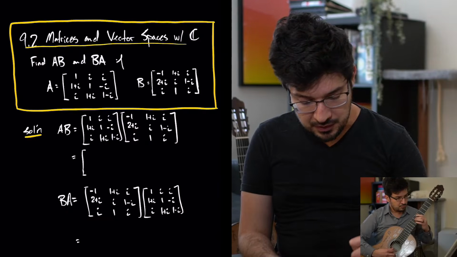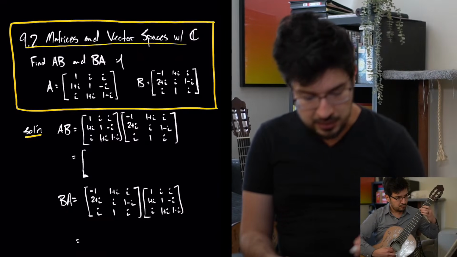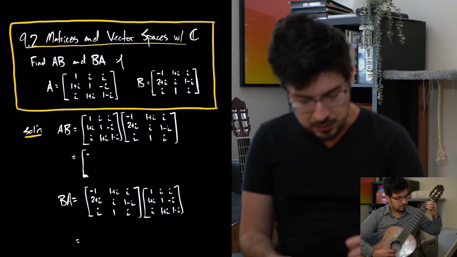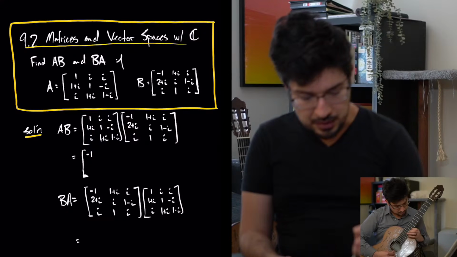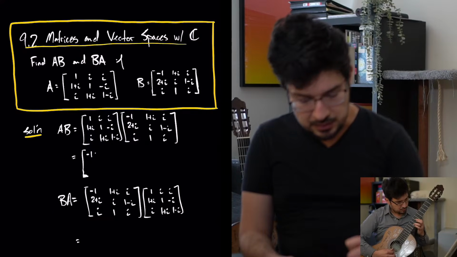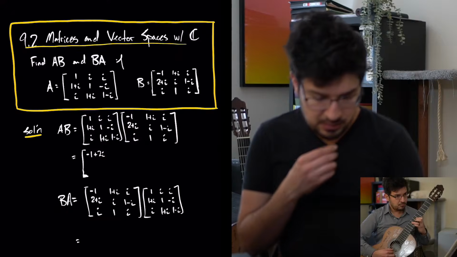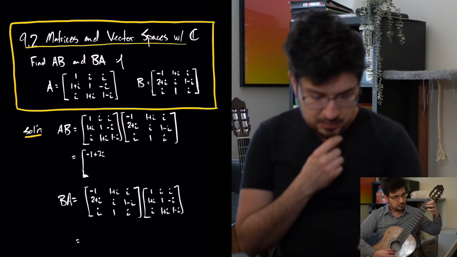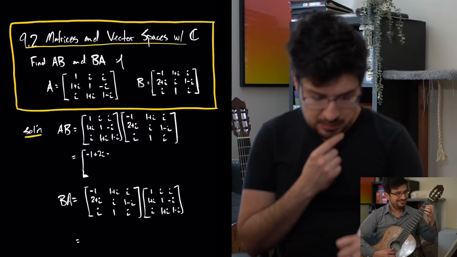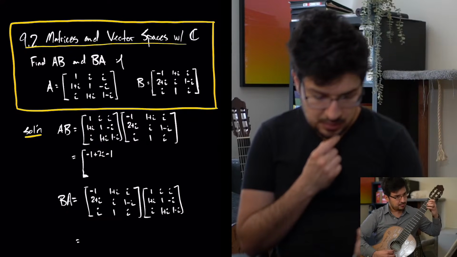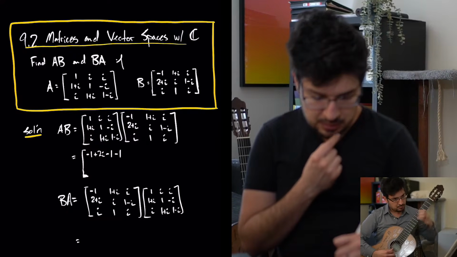So in this first element, we have minus 1 plus 2i plus 2i minus 1, because we have plus i squared, and then we have minus 1.